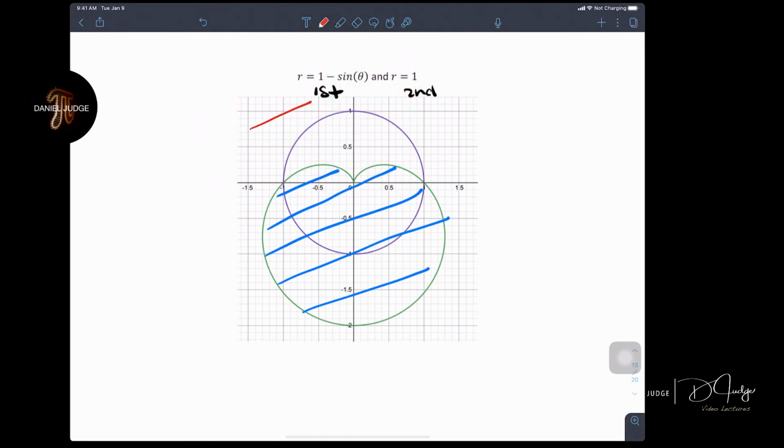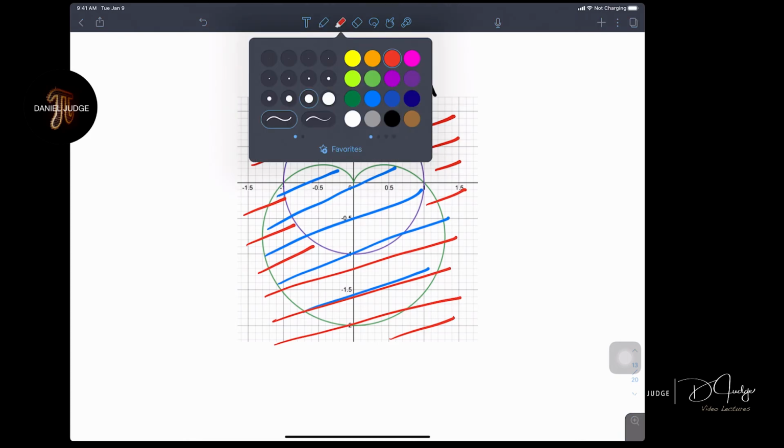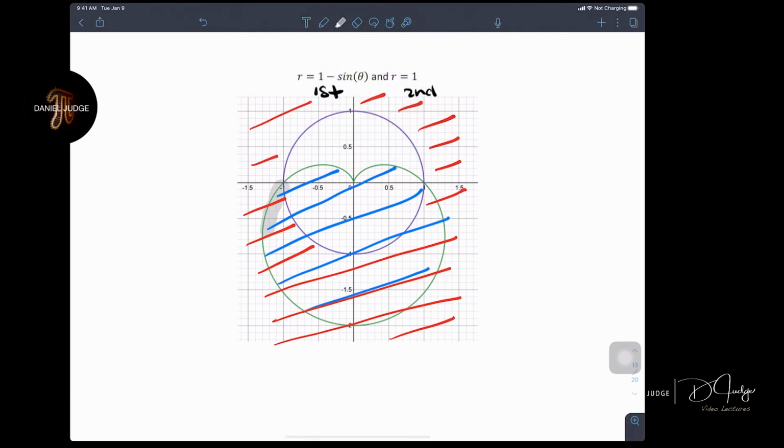So it's outside that circle here. All right, so area inside the first curve, which is the cardioid, but outside the circle. So as you guys can see, they're really talking about this down here. This is what they're talking about right in here.